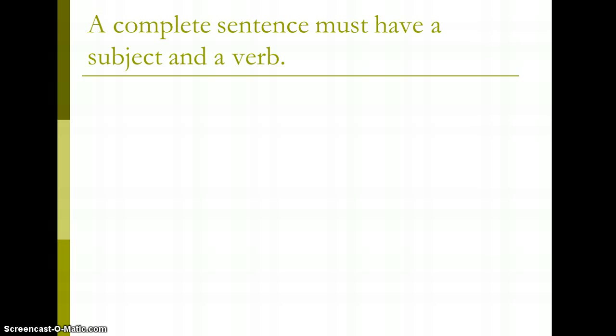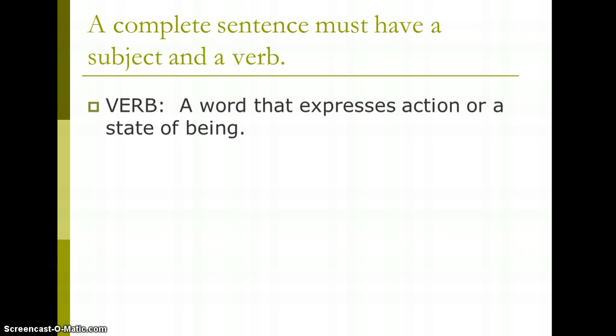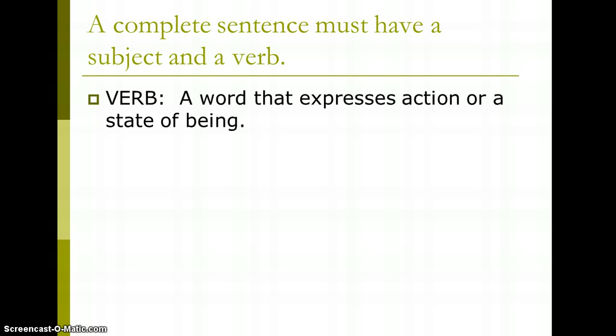Those complete sentences that we just looked at all have something very important in common. They all have a subject and a verb. A verb, by definition, is a word that expresses action or a state of being. An action verb would be something like jump or scream or fly or run.